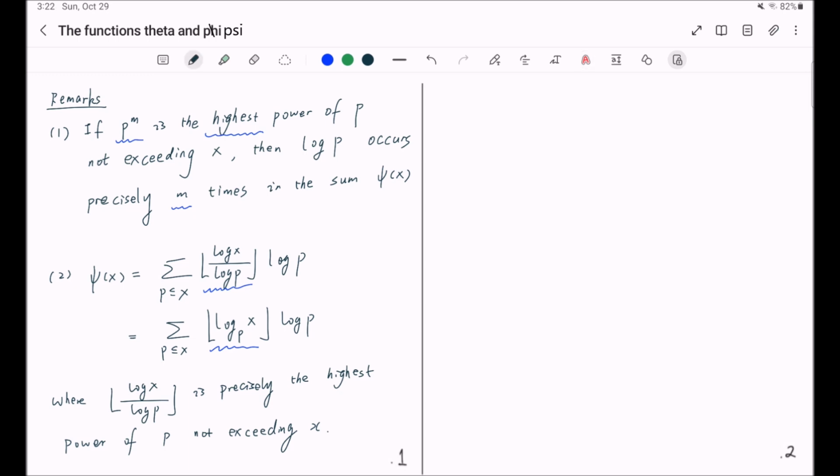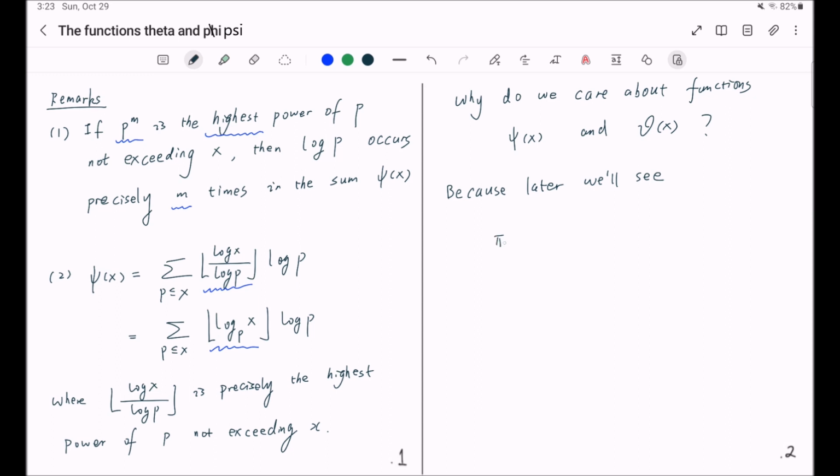And now the audience might wonder, why do we care about the functions psi of x and theta of x? This is because later we'll see that we have asymptotic relations between pi of x, theta of x, and psi of x as x goes to infinity.